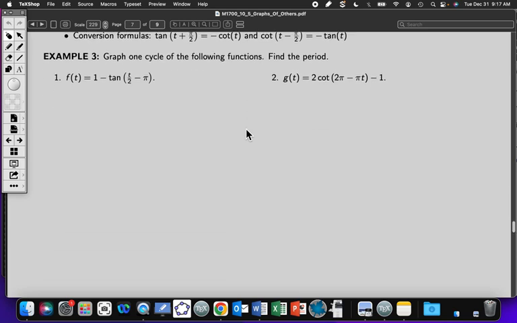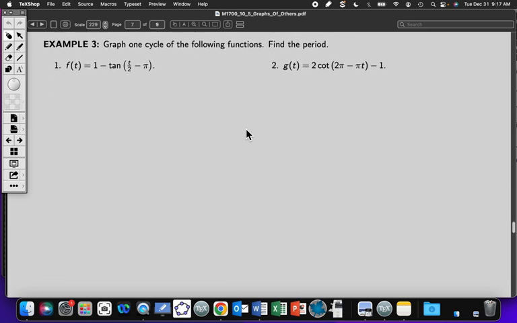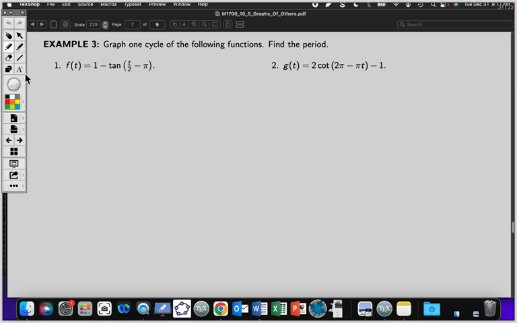Okay, so let's graph one cycle of the following functions. Find the period. All right. So the way we approach tangent and cotangent is we got to think back to their fundamental cycles here. So if I look at y equals tangent of t, its fundamental cycle is different. We don't start at 0 like we do the other 5 functions.